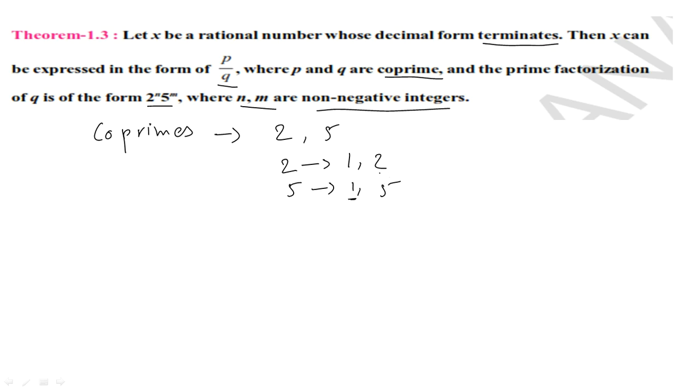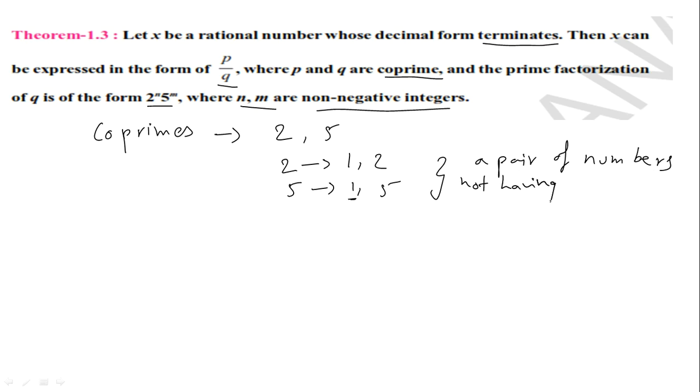A pair of numbers not having common factors except 1. Is it clear? 1 is a common factor for all numbers. They should not have common factors, then those two numbers are called co-primes.